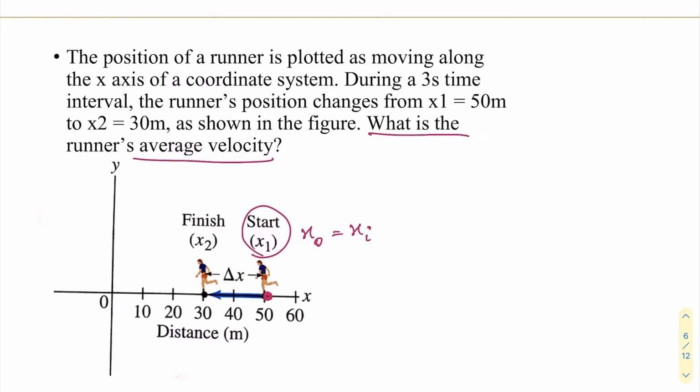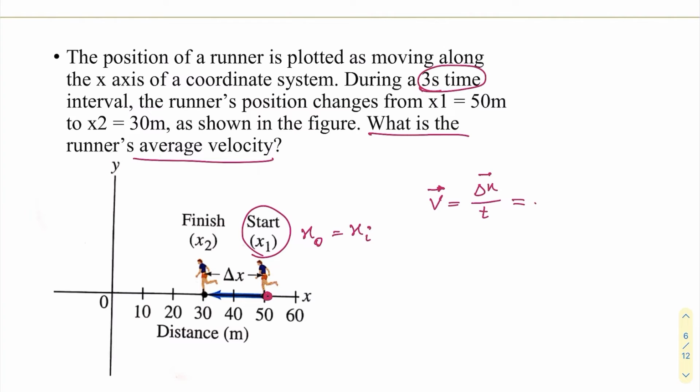So I will write just average velocity. Since it's a vector, I would prefer to put an arrow above this symbol v, which shows the velocity, delta x over t. Time here is 3 seconds.